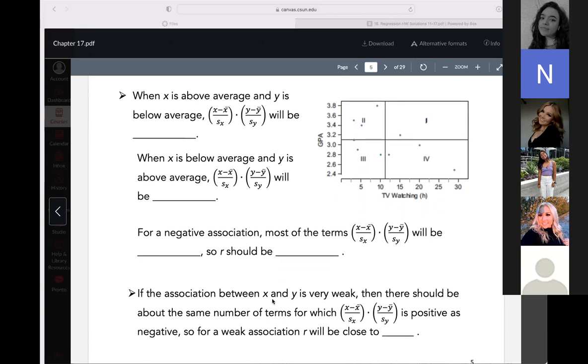Of course, if the association between X and Y is very weak, then there should be about the same number of terms which are positive and which are negative. So for a weak association, R will be close to what? If a bunch of them are positive and a bunch of them are negative, when you add them all together, R will be close to what number?